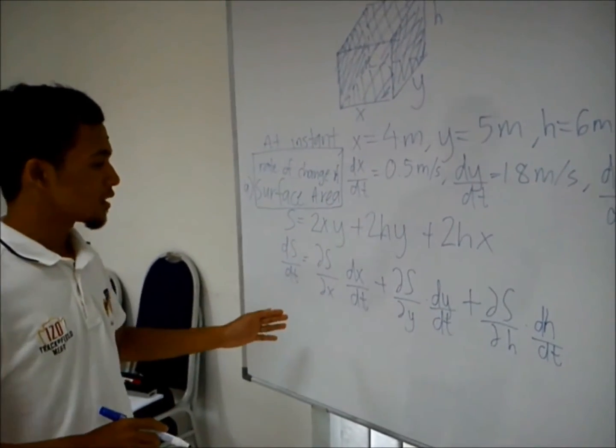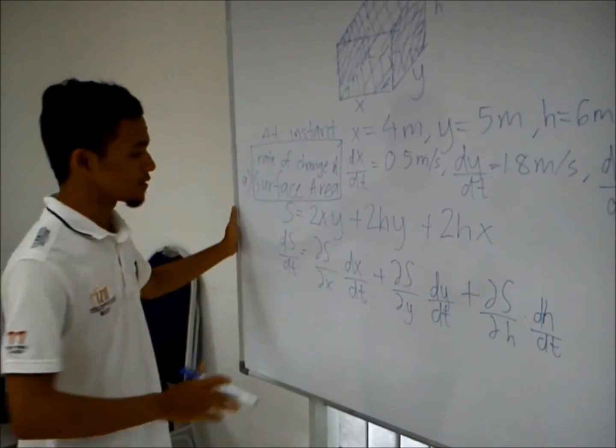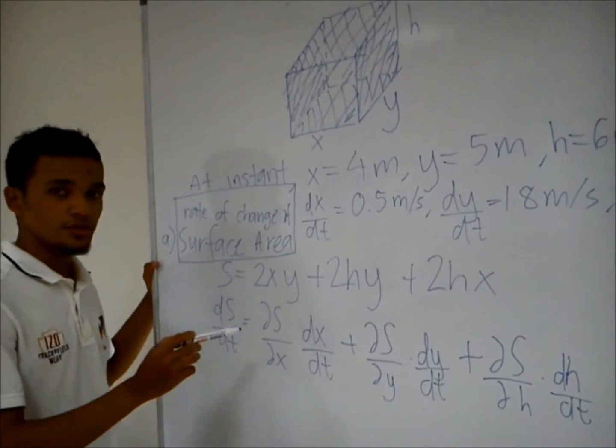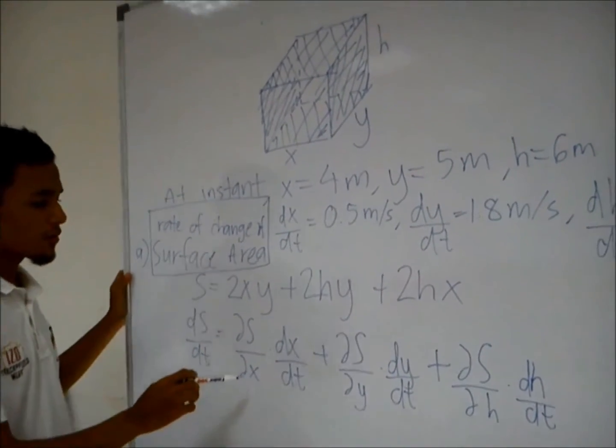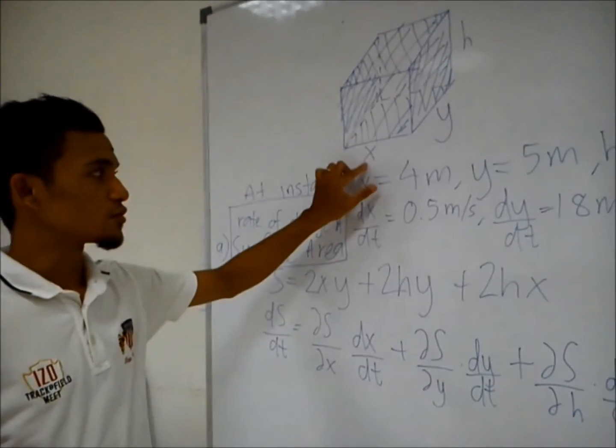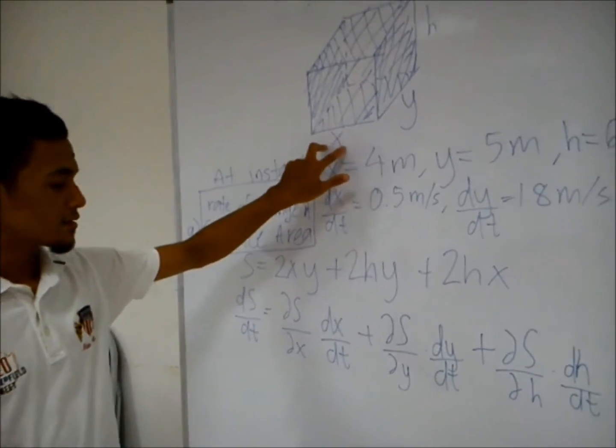So we show how I got this equation, which is the partial differential of surface area with respect to x, which is the rate of change of the surface area with respect to the change of x.